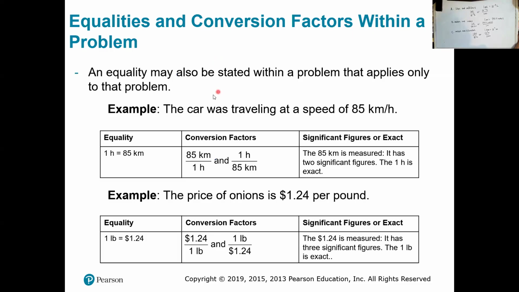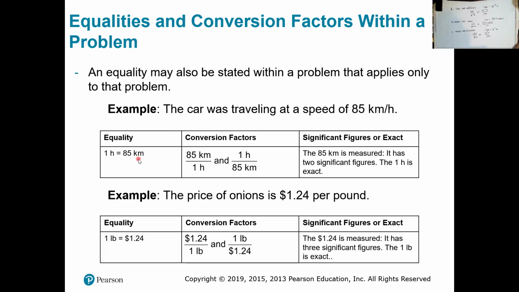All right. And so we can also see that we can read a sentence and we can also write conversion factors from the information that we're given within a problem. So here it says the car was traveling at a speed of 85 kilometers per hour. What that means is that for every 1 hour that we travel, we're going 85 kilometers in distance. So the equality that we can make up is that every 1 hour equals 85 kilometers.